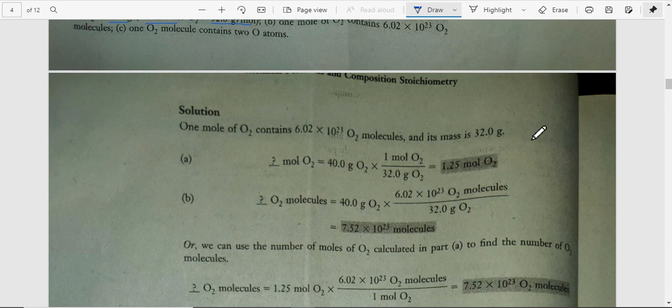So, what is given in the question? You have 40 grams of your oxygen. To solve for the moles, you will use your unit factor, the molar mass.